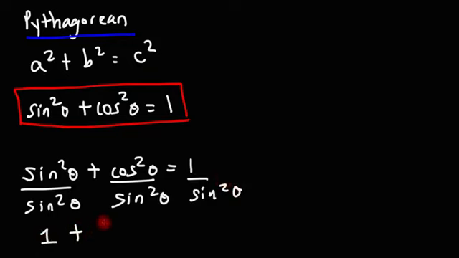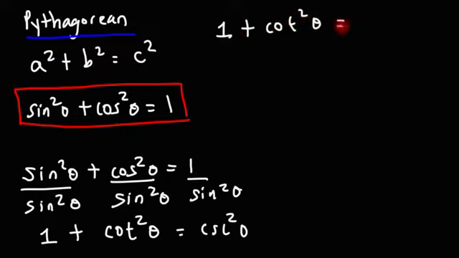We know that cosine over sine is cotangent, so that's the quotient identity. So cosine squared over sine squared is cotangent squared. 1 over sine is cosecant. So we get this identity, 1 plus cotangent squared is equal to cosecant squared. So that's the second Pythagorean identity you want to be familiar with.